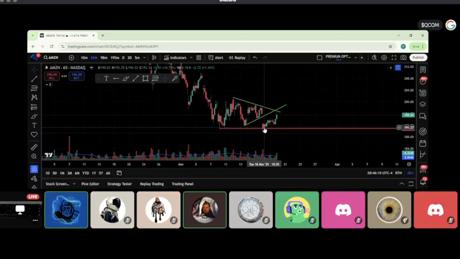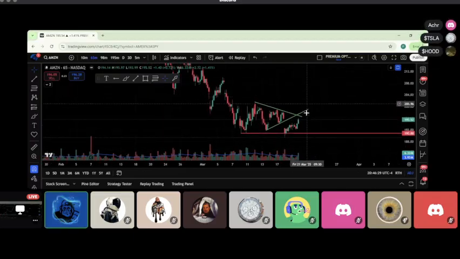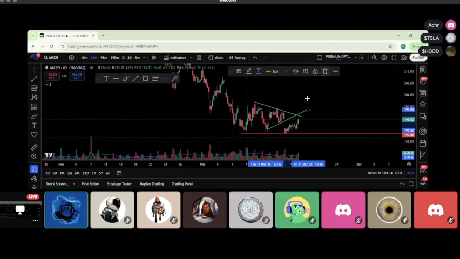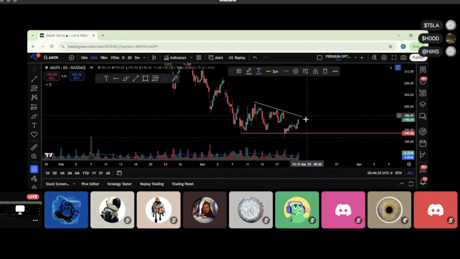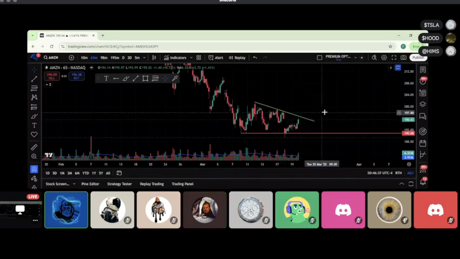So it closed around here then. Yeah, this is where it opened up. So on Tuesday morning, it opened up here and moved up, and then we saw a continuation. I think we should theoretically see a push and a potential close above that.